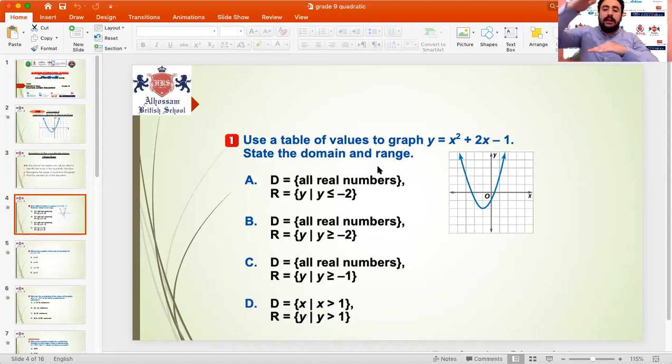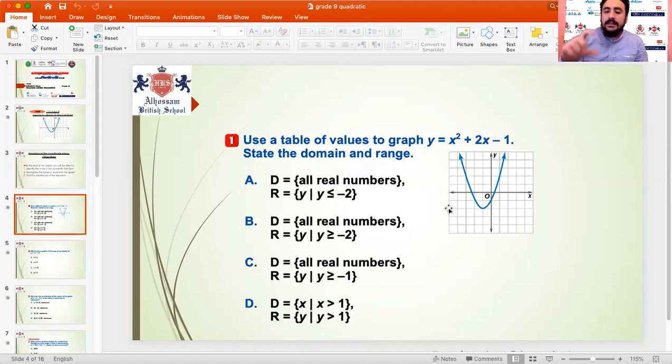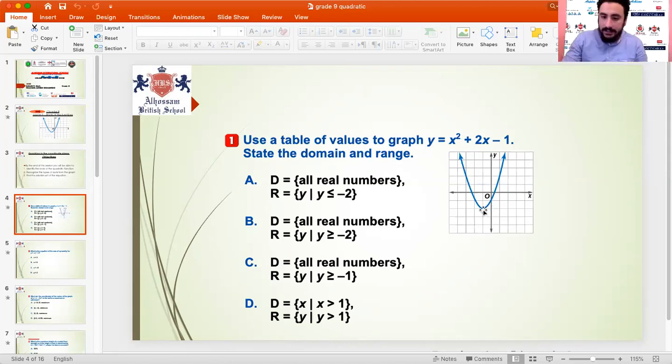Okay, what about the range? The range is going to be the x power 2? No, the range is going to be the values of y. So you look at the last point here, which is negative 2. So the range is all the values greater than or equal to negative 2.